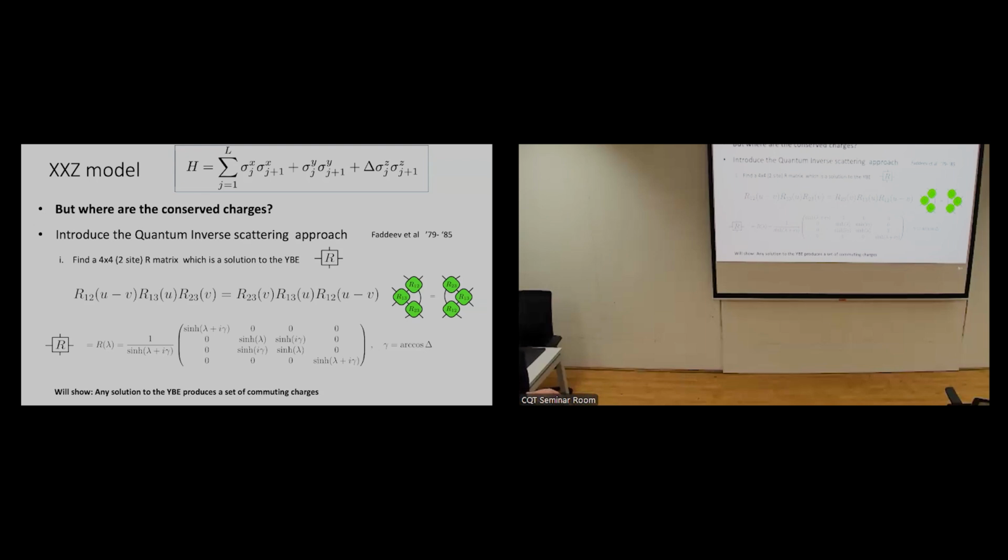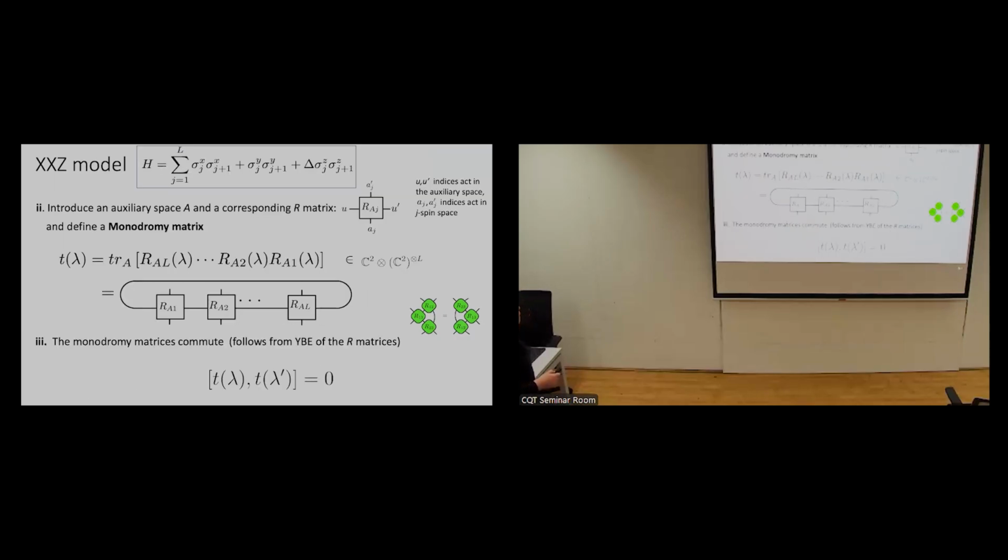If the model is isotropic, then gamma is 0. I will show now that any solution of this Yang-Baxter gives me these commuting charges, and the Hamiltonian in particular is one of them. Sorry, can I ask, how is R related to the model?